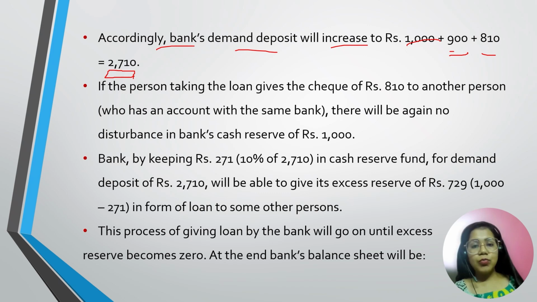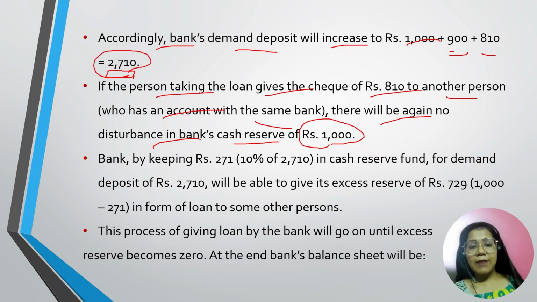Now if the person who took the loan of rupees 810 gives the check to another person and he has an account with the same bank, then there will again be no disturbance in the bank's cash reserve of rupees 1,000. Now again, of this amount, banks will have to keep a cash reserve fund, and the remaining amount will be what? The excess reserves. So what will be the cash reserve fund?